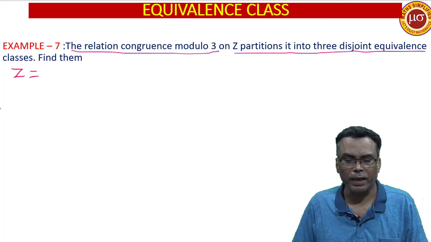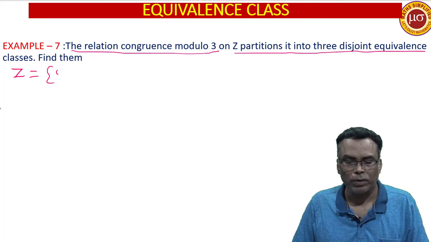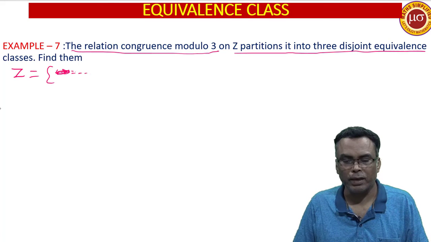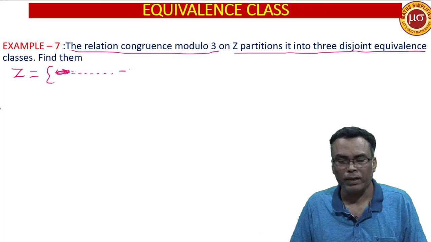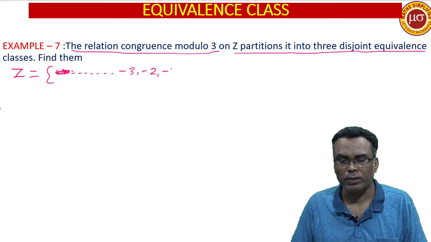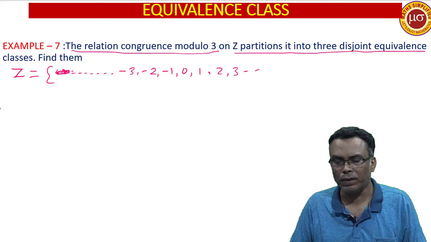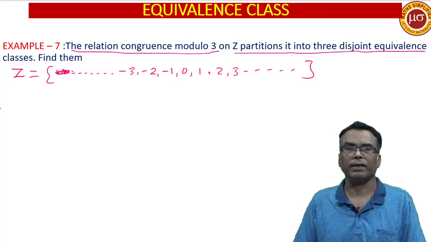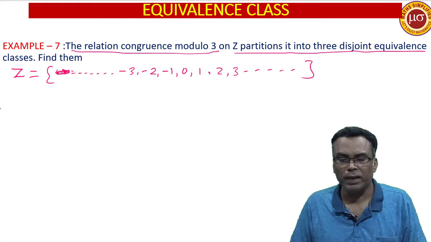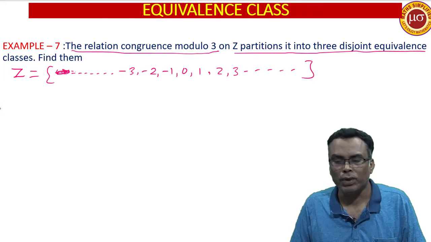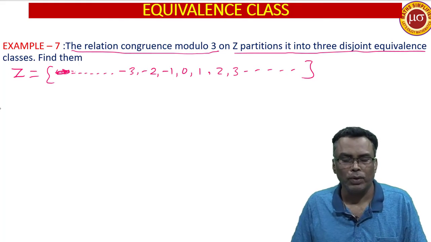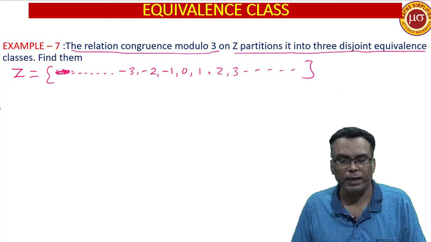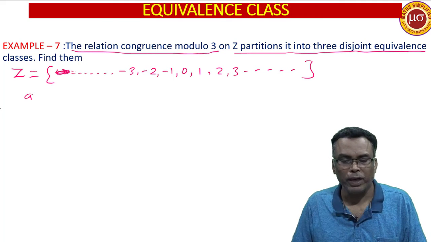Z is minus infinity, ..., -3, -2, -1, 0, 1, 2, 3, and so on. This is your Z. Now, what is the relation? The relation is congruence modulo 3. So, two elements A and B are related to each other when A is congruent to B mod 3.